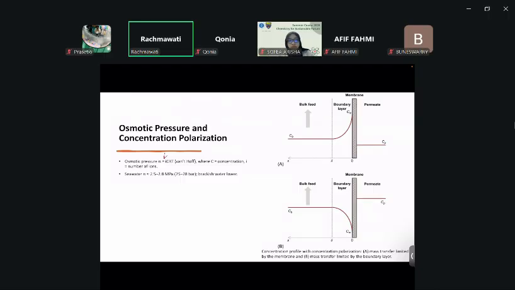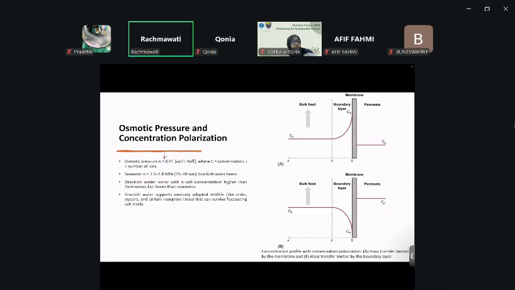So seawater has an average osmotic pressure of 25 to 28 bar. And brackish water, which has lower salinity, of course, also has lower osmotic pressure.